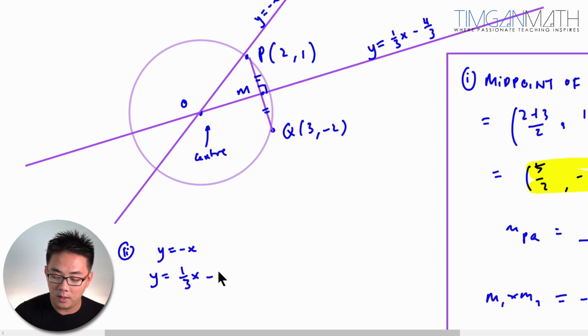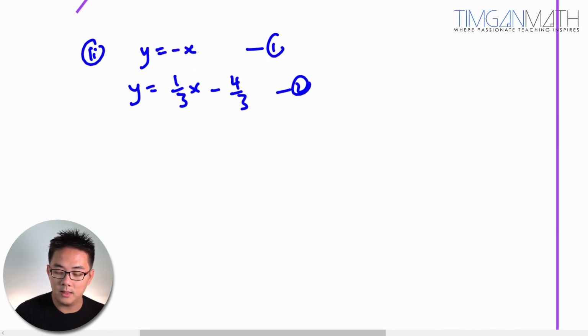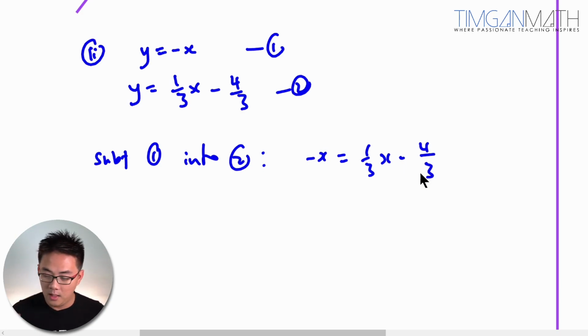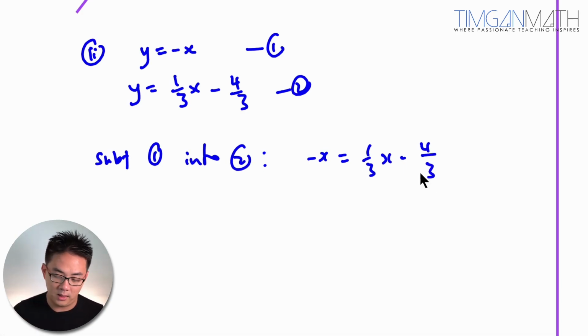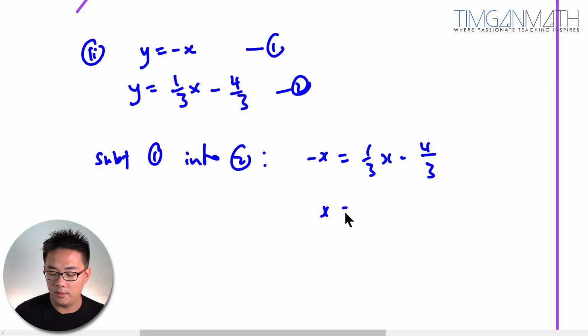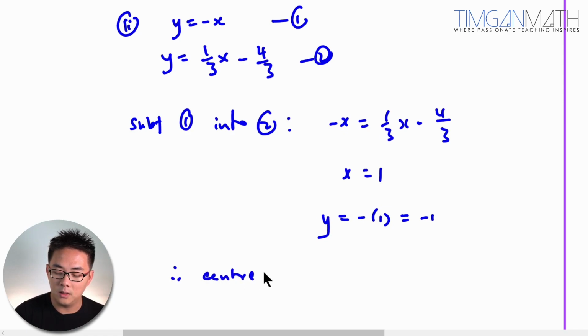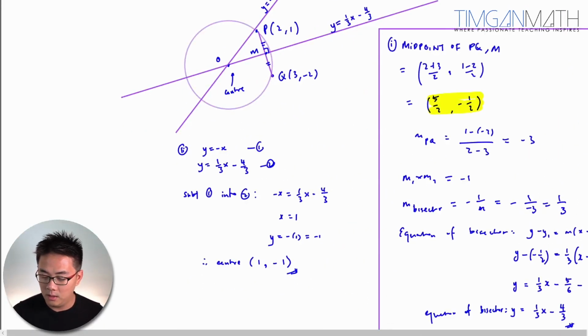Substitute 1 into 2: -x = 1/3 x minus 4/3, and you get x = 1. When x = 1, y = -1, so the center is (1, -1). That's your center.